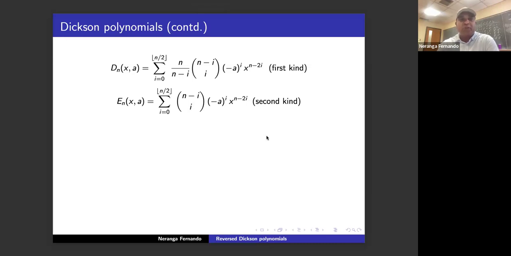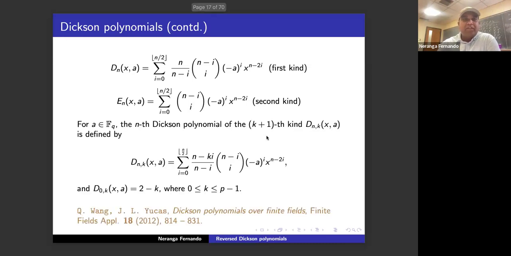Then in 2012, Stephen Wang and Joseph Yucas generalized Dickson polynomials. They introduced the Dickson polynomials of the k plus first kind. As you can see, if you take k to be 0, you get the first kind. If you take k to be 1, you get the second kind.